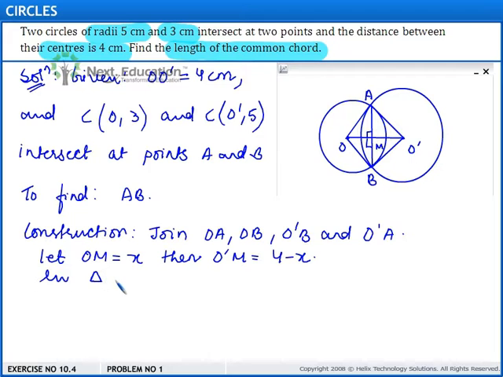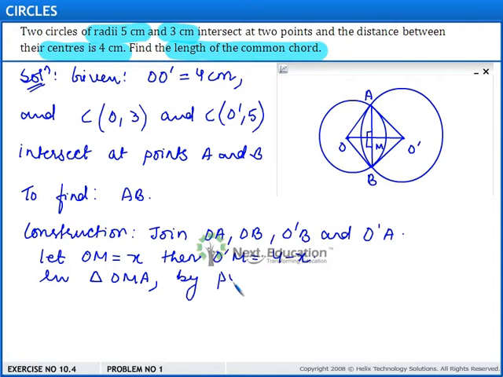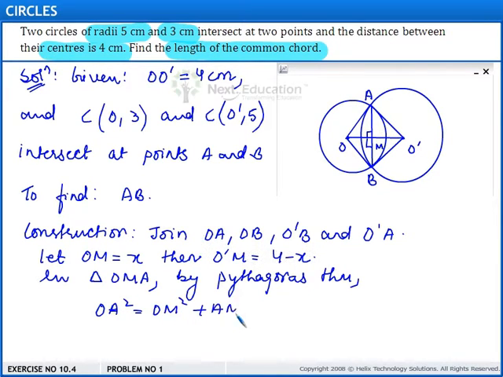Now, in triangle OMA, we can apply the Pythagoras theorem. We have OA square is equal to OM square plus AM square. Now, we know that the smaller circle has radius 3 centimeters.